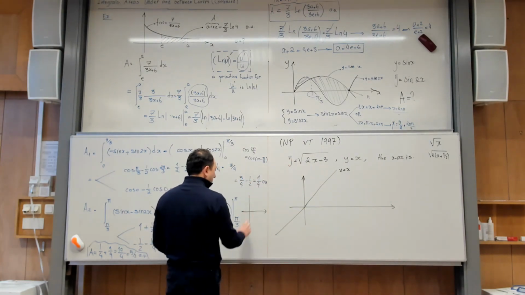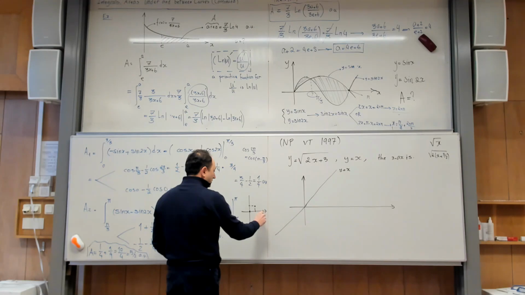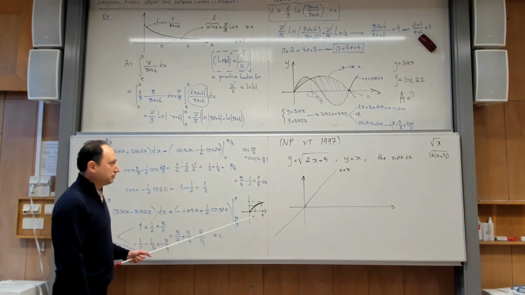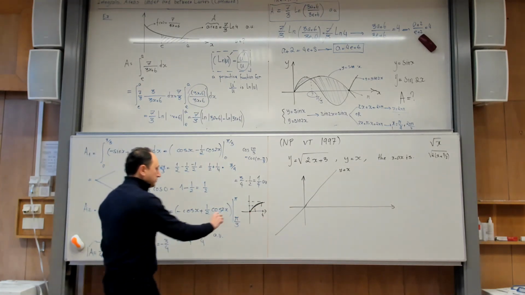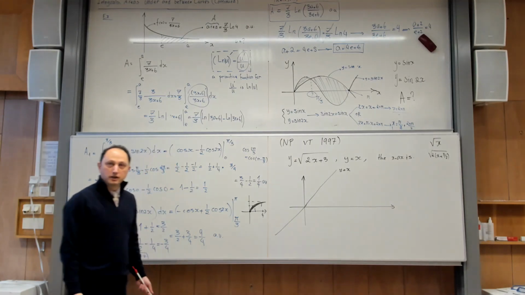If I put 0 for x, I get 0. If I put 1, I will get 1. But if I put 4, for example, I will get just 2, yes? So that would be something like that. Yes? So you really don't need to be very careful and waste time. But of course, if you want to do it properly, it should be tangent and goes like that. Yes? But anyway, that's not important.